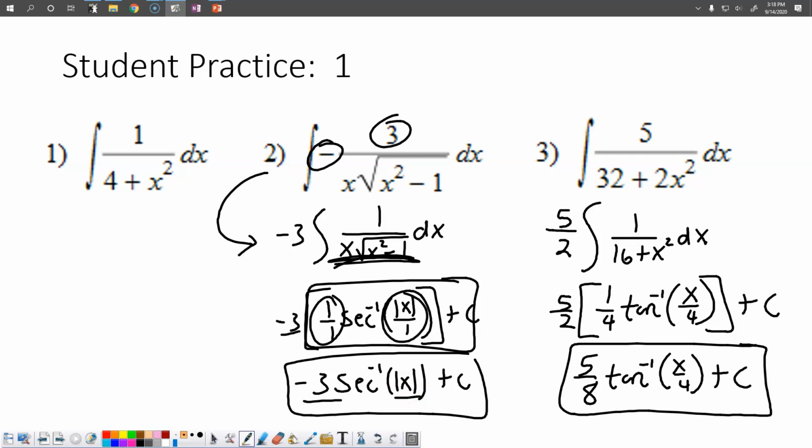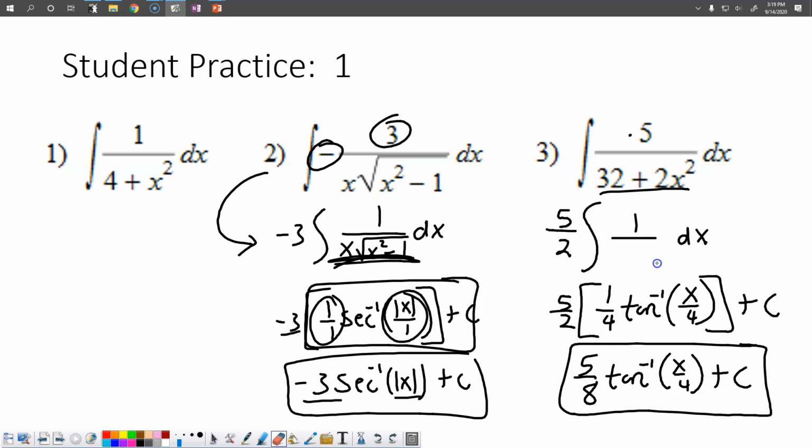For number 3, we take out our 5 on the top, but we can also take a 2 out of the bottom. So we're taking out 5 halves. Now when you take a 2 out of the bottom, that leaves you with 16 plus x squared. Now some of you guys might have been a little bothered by the order here, because with arctangent, I think the x squared usually comes first. But this is addition, so it doesn't really matter which one comes first.